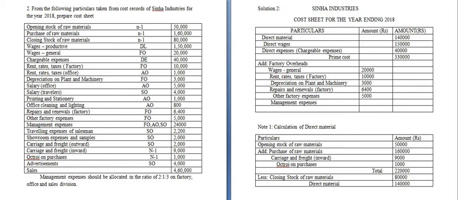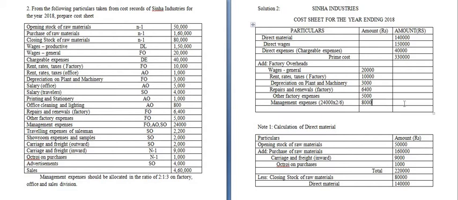So make a calculation in the bracket. The total amount is 24,000, into the ratio for factory overheads, which is 2 divided by 6. Is that clear? Hope everybody is understanding it. Make the calculation. You will get 8,000. Now check again if any factory overheads are left out.